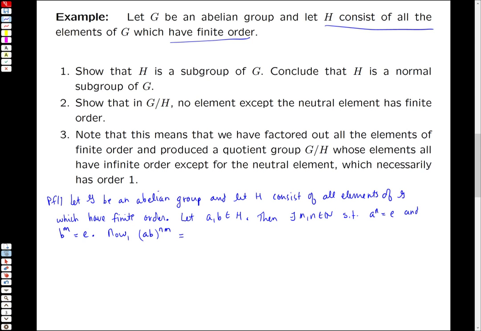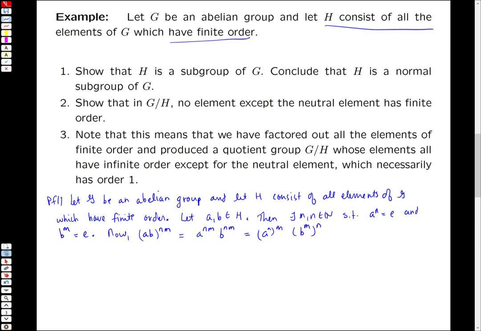Now, since G is abelian, H is abelian, so that means I can interchange it and I can write this as A to the NM, B to the NM. But that is equal to A to the N to the M. And now I'm going to write this as B to the M to the N. That's by our laws of exponents.